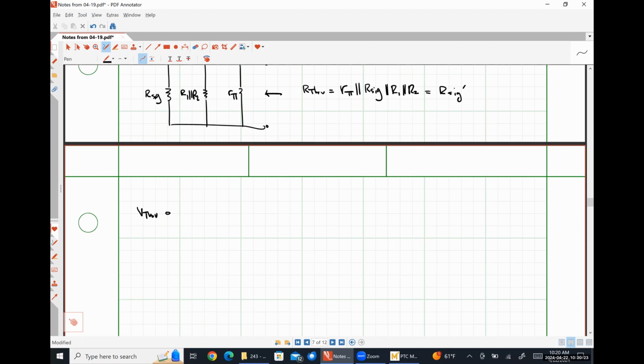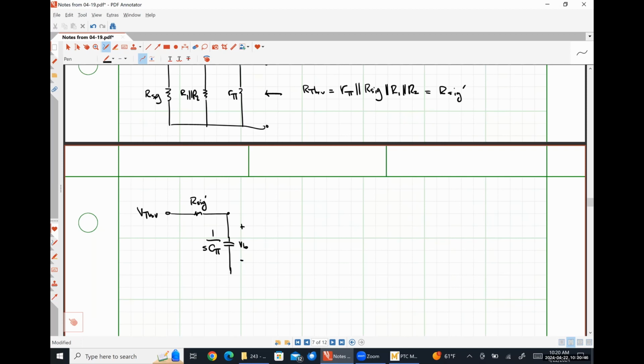So here's VThev. Here's R sig prime. Here's my impedance of 1 over S C pi.